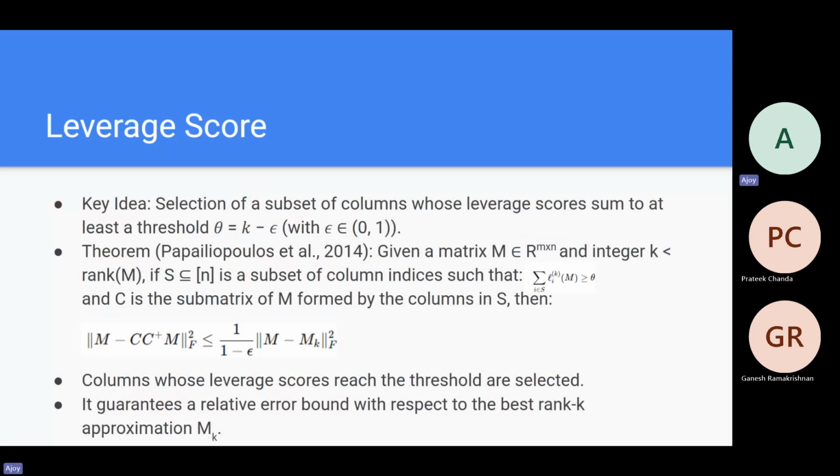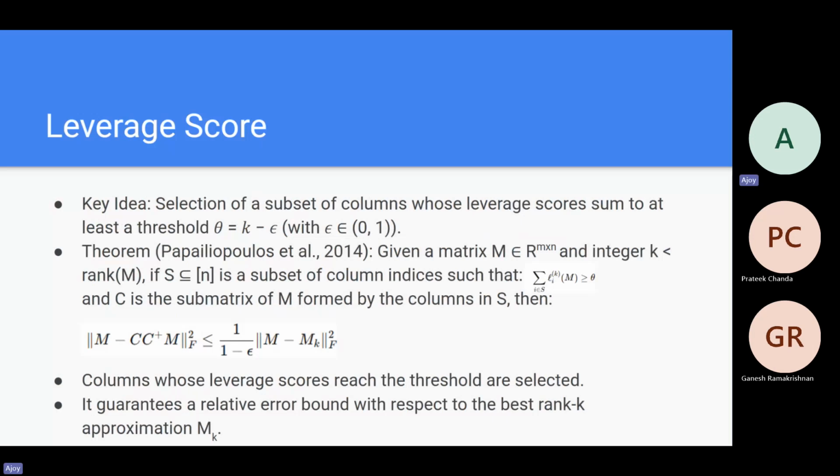Going back to our standard problem, there is a matrix M, and we insert epsilon and make an indicator function with that, such that our leverage score is greater than the threshold, and this expression is valid: the norm of M minus CC-plus M squared is at most 1 upon 1 minus epsilon times the norm of M minus M_k squared. Why do we do it? It will guarantee a relative error bound with respect to the rank-k approximation.